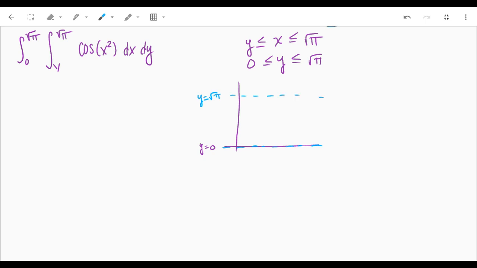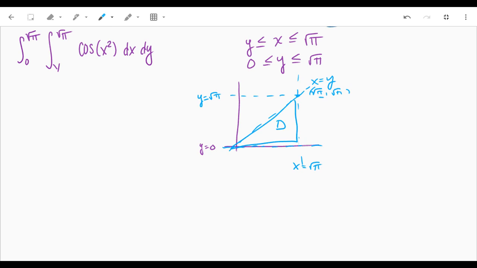And then we have x equals y, and we have x equals square root of pi. Well, this would be at square root of pi, square root pi. So bounded by those, we're right here for your region.